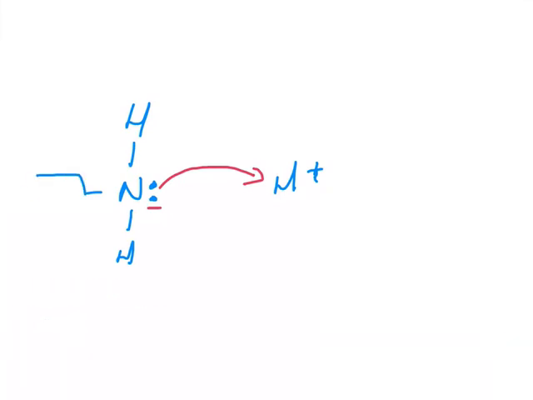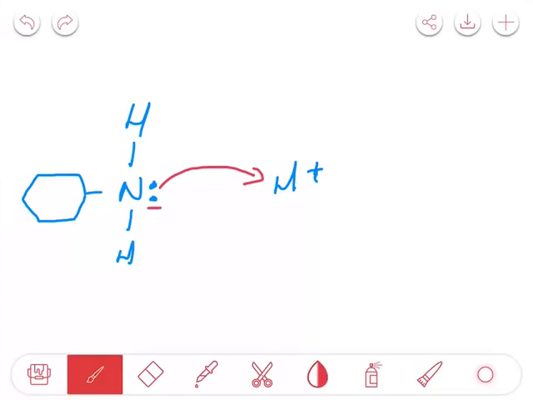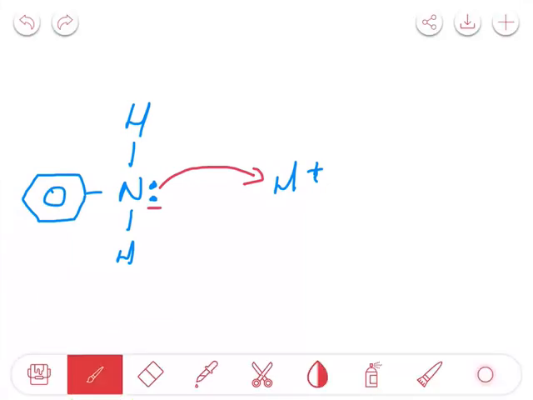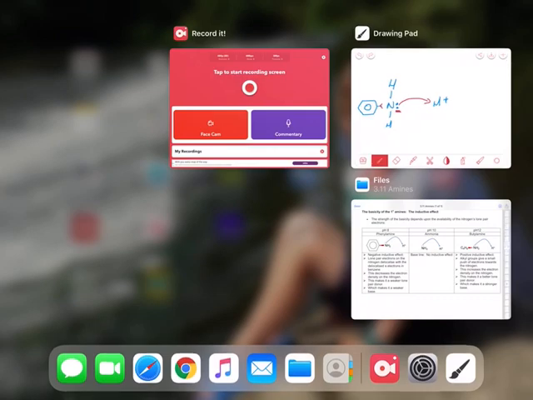So I'll draw benzene. So there's benzene. And this now has a negative inductive effect. So it pulls electrons away from the nitrogen, which means the lone pair of electrons here are less electron rich, which makes them less readily available to accept a proton, which means it isn't as strong a base.